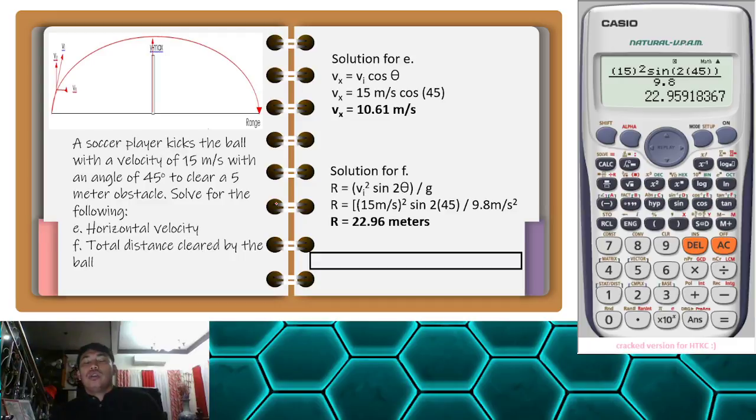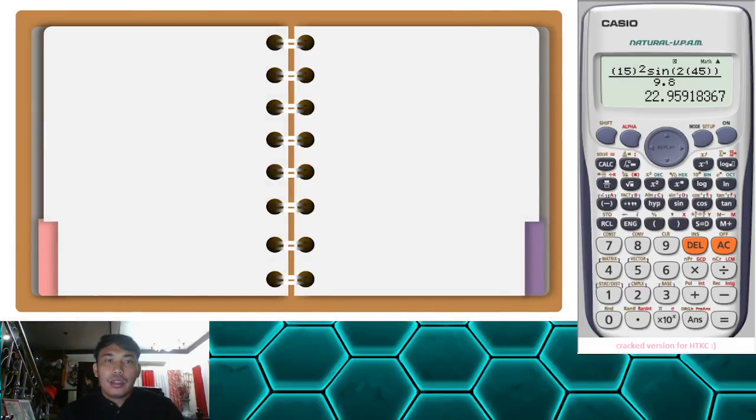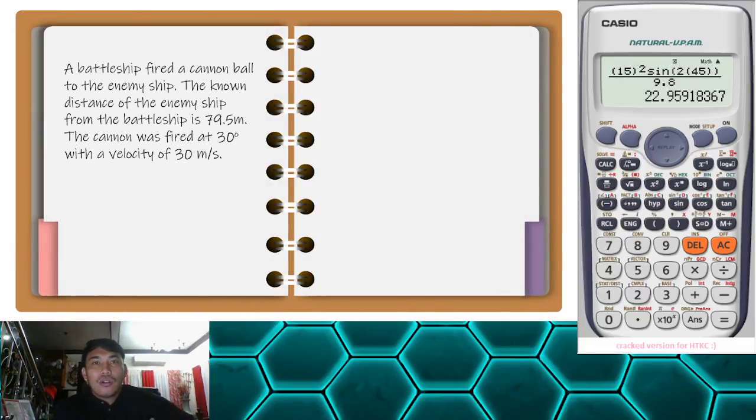Yes. So we solved for the three components, three sets of problems. So this is the last part, and let's try to solve another example. A battleship fired a cannonball at the enemy ship. The known distance of the enemy ship from the battleship is 79.5 meters.